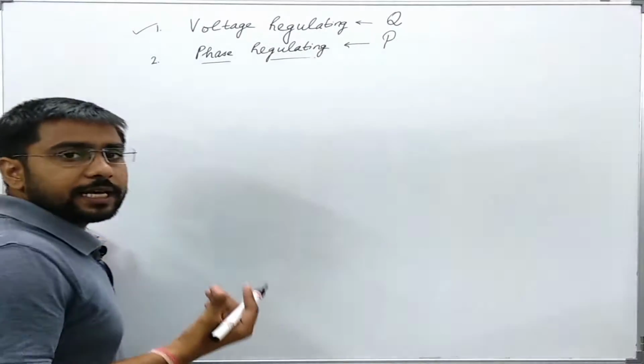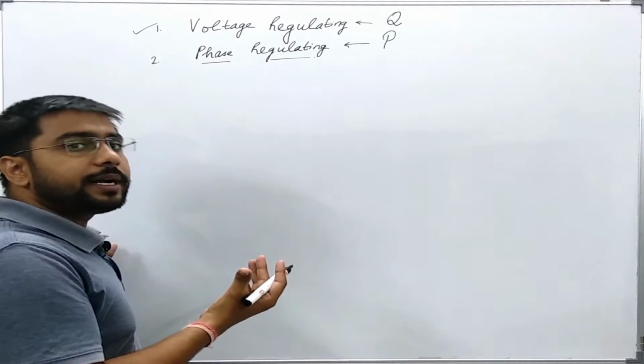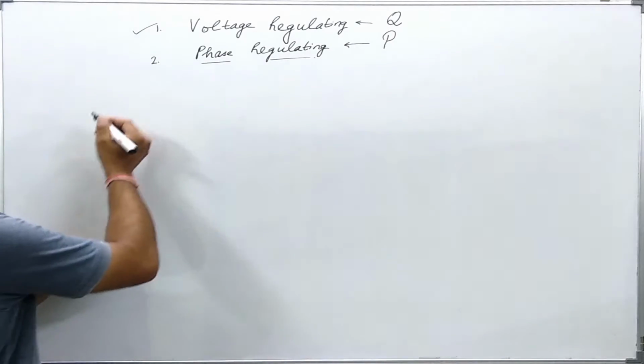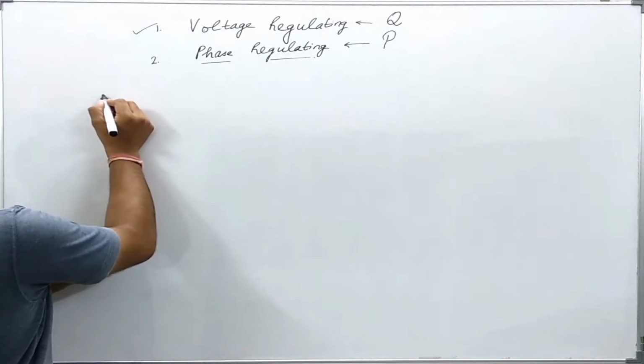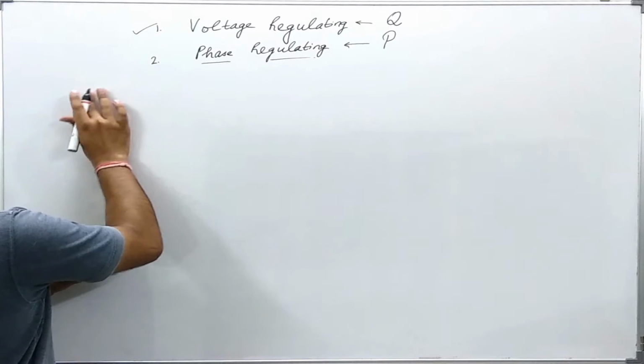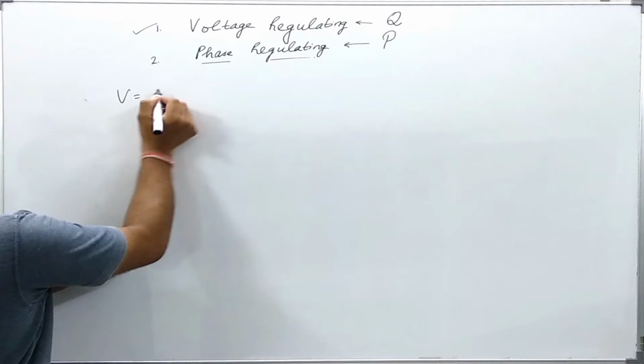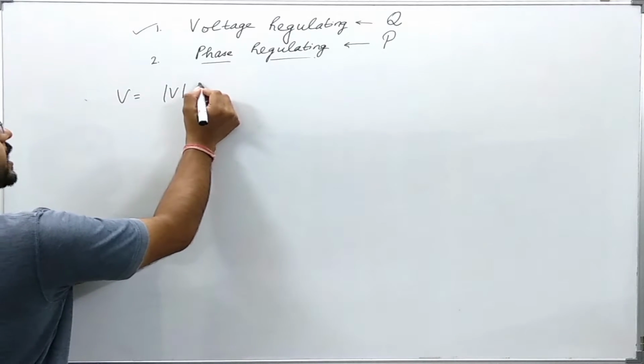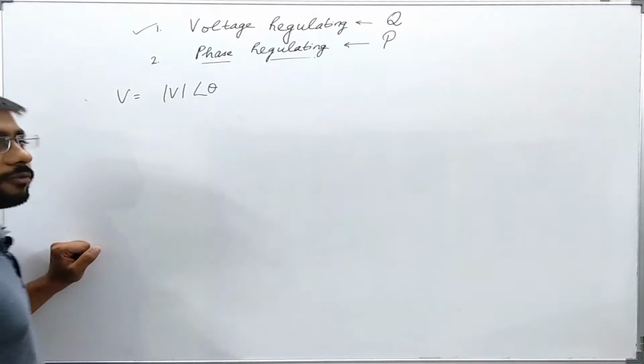As we have seen, in phasor quantities, let us say a phasor V is represented as V angle theta. What does it mean?